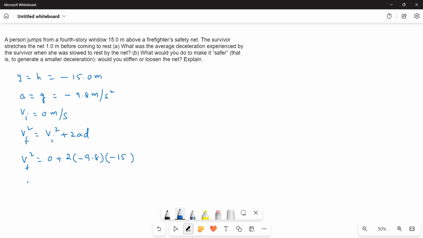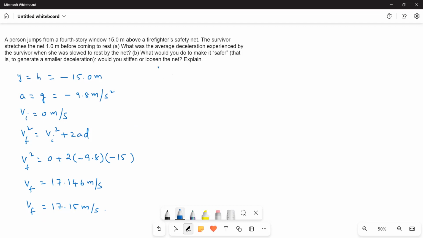On simplification, we get 17.146 meters per second, so I can take 17.15 to the second decimal place. Therefore, Vf is equal to 17.15 meters per second. This is the final velocity.